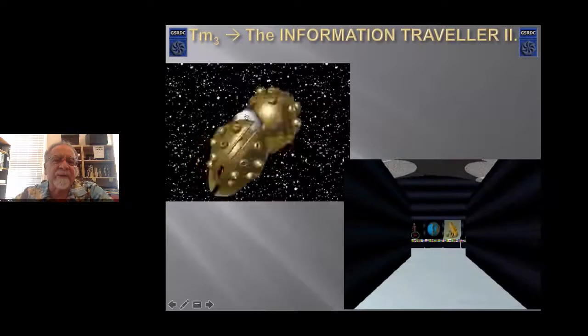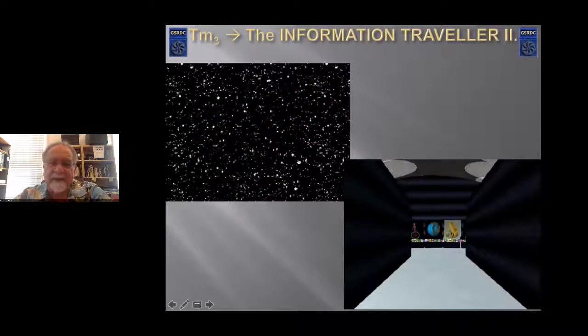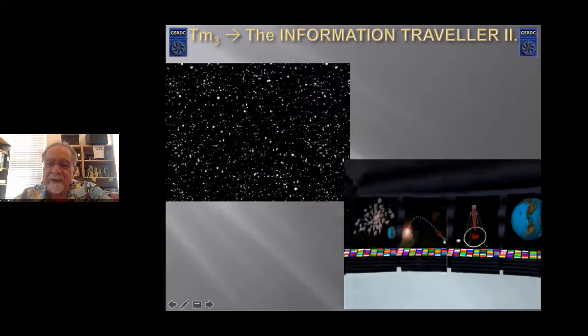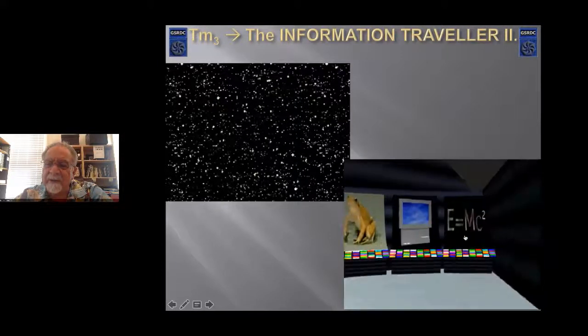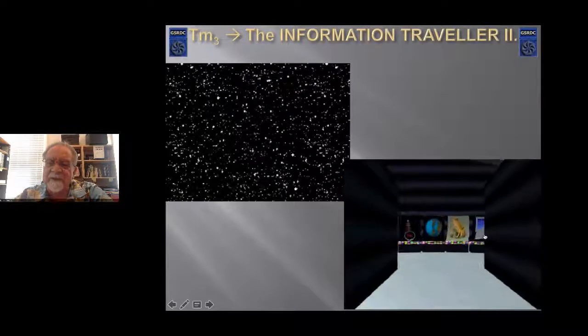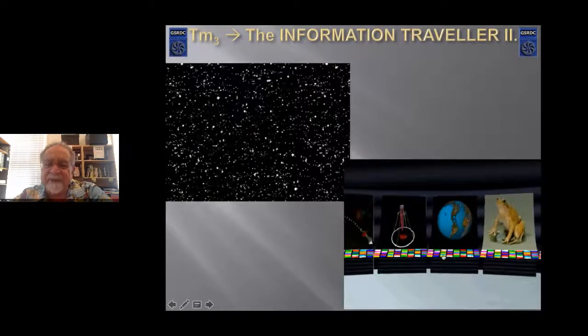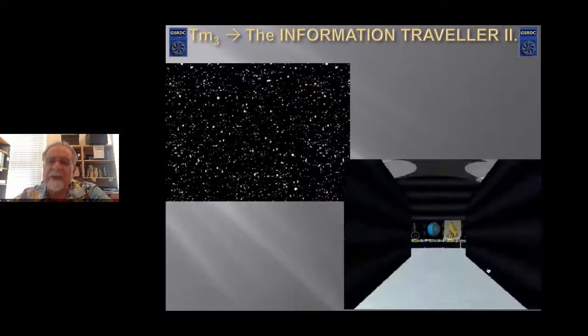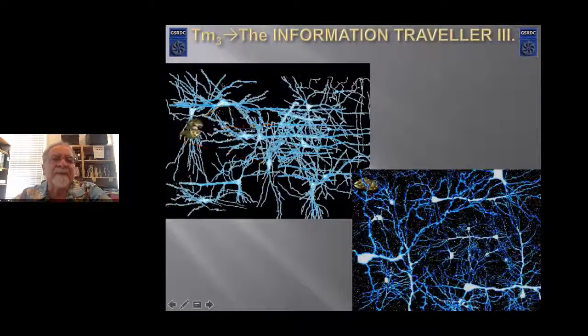And so they had the idea that they had a thing they could travel in, and they could actually go into it and look at structure, or they could look at mathematics. In other words, they had different stations they could go to where the information traveler would look at the species brain.